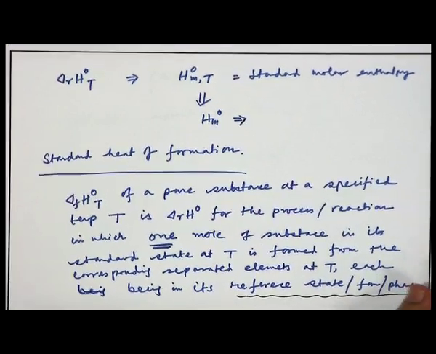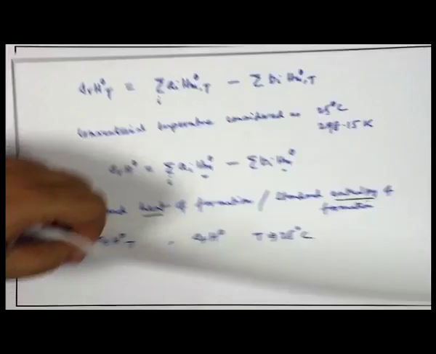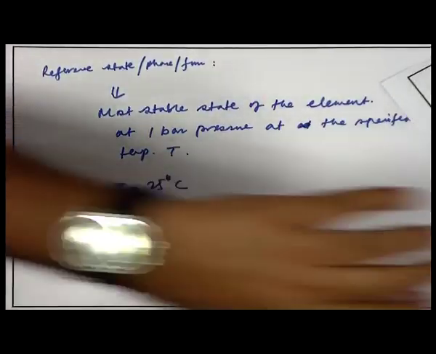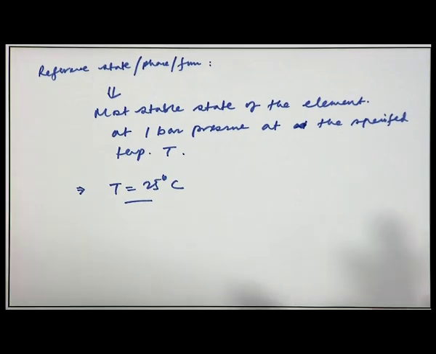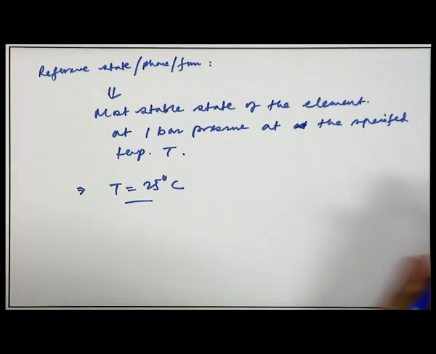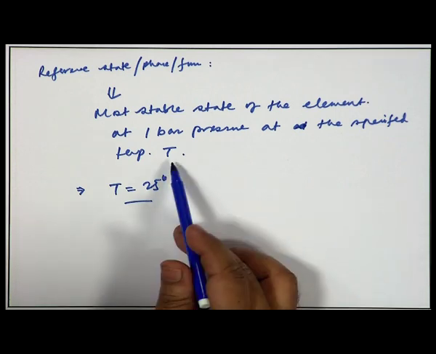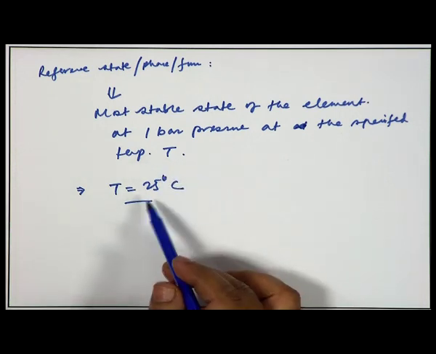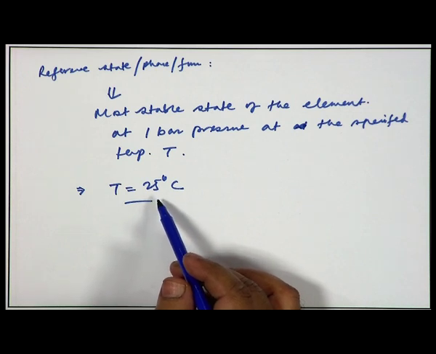This is what we defined at the end of the last lecture. We also mentioned that the reference state is the most stable state of the element at 1 bar pressure and that specified temperature T, and if you do not mention T, then it would be 25 degree centigrade.